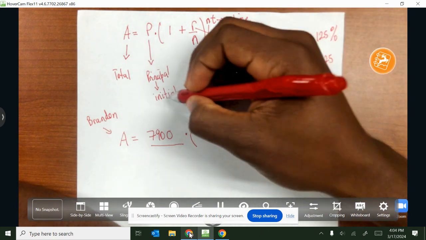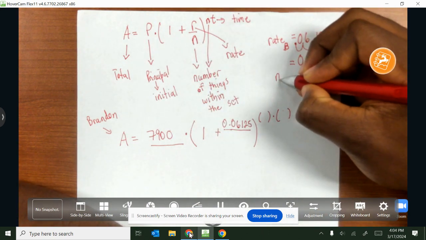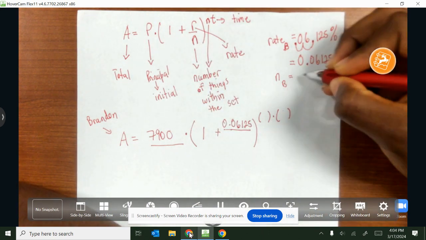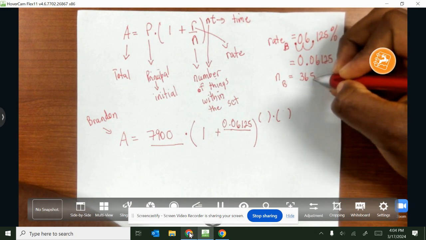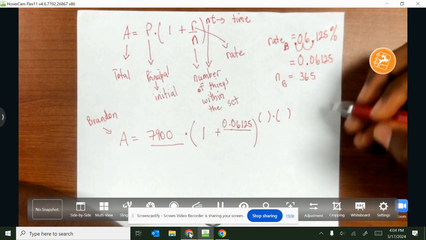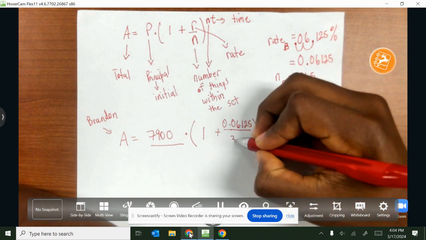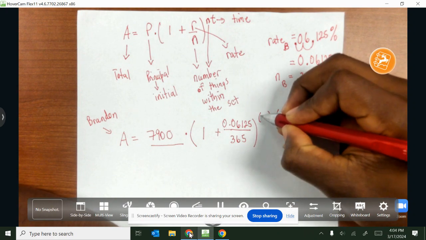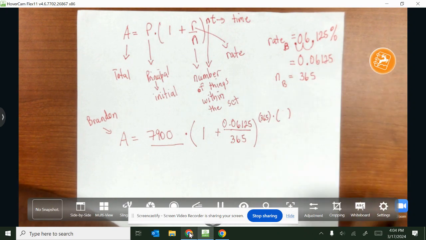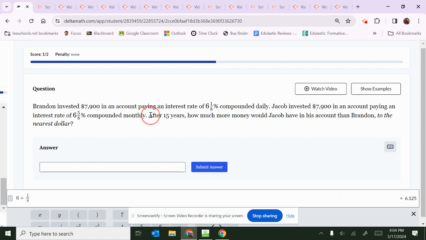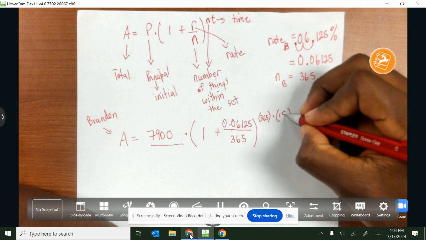So your N for Brandon would be 365, because that's the number of days in the year, and he's compounding daily. So 365 would go right here, and 365 would also go right here. And then what do you think represents time, guys? The 15 years for both of them. So 15 for both Brandon and Jacob is the time.